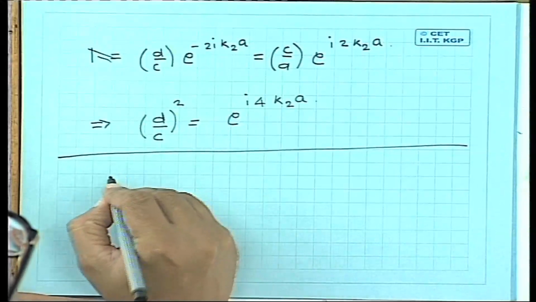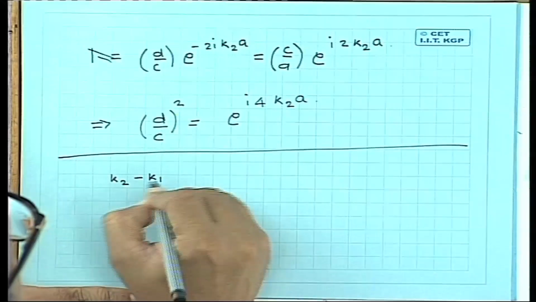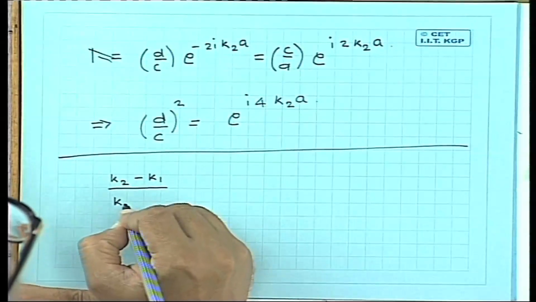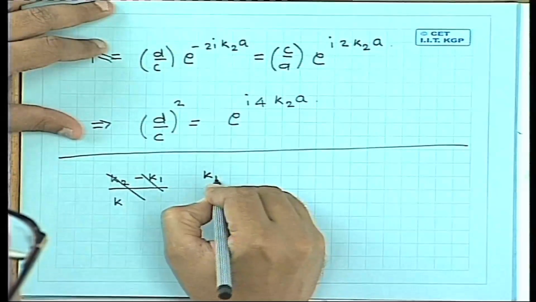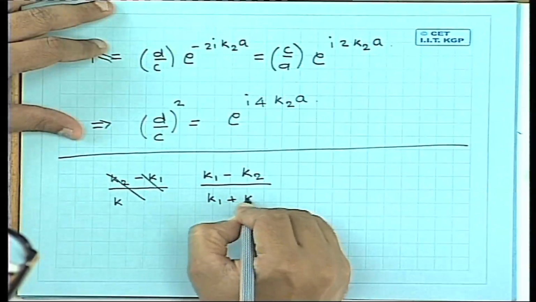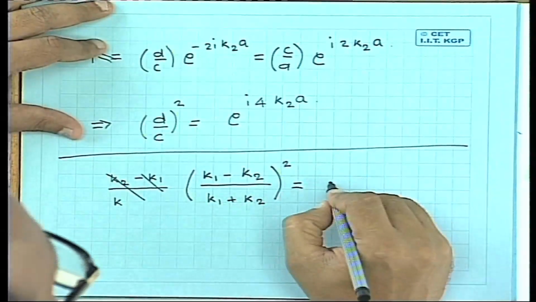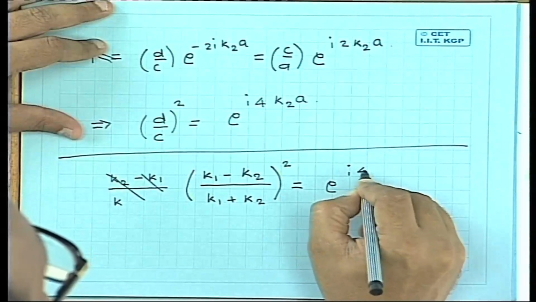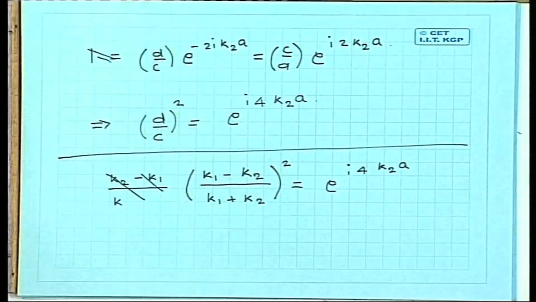So this is K2 minus K1, right, K1 minus K2, sorry, K1 minus K2 by K1. Not that it makes a difference because there is a whole square, but let us keep it, e to the power I 4 K2A.